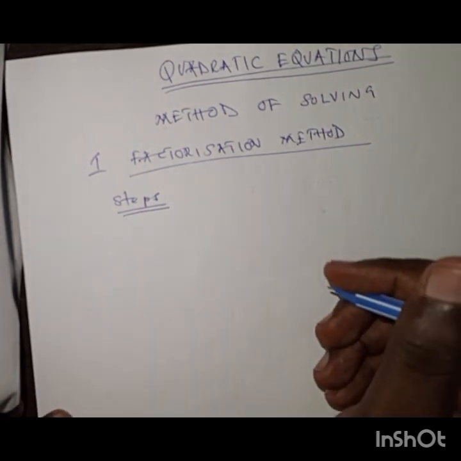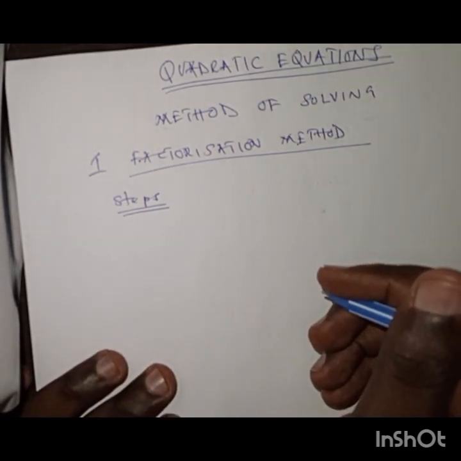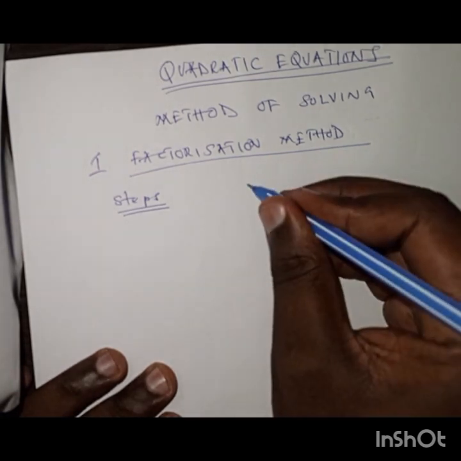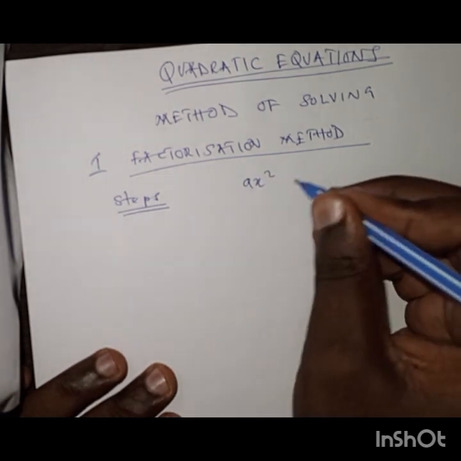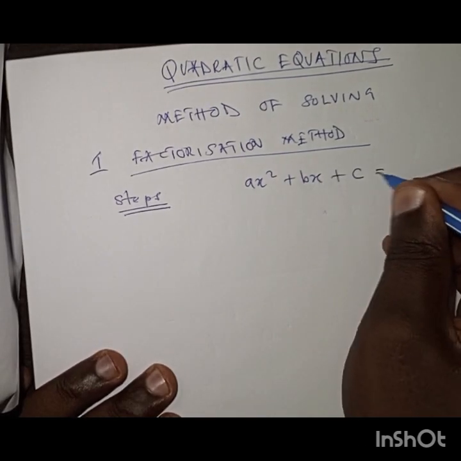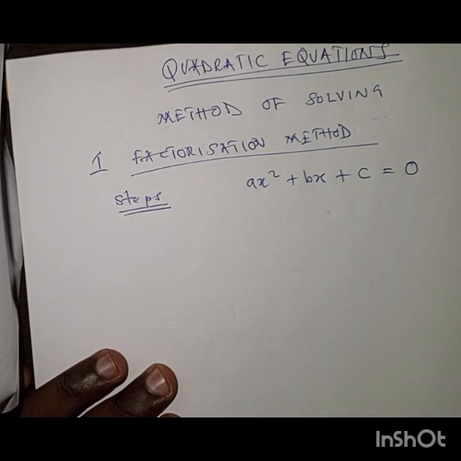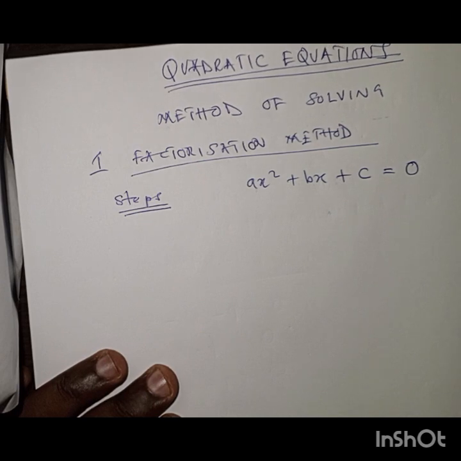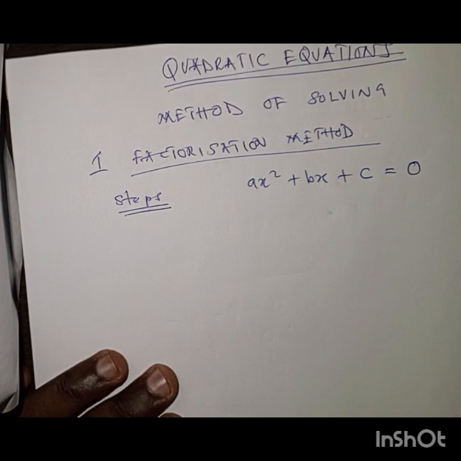I'm sure you remember that I said a quadratic equation is in the form of ax squared plus bx plus c is equal to 0. The way I'm going to explain this method, I'll be using the letters a, b, and c, and I'm sure you know how to come up with them.